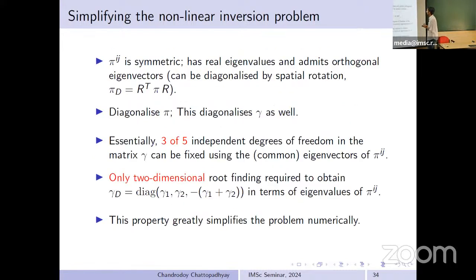Because pi ij by construction is symmetric, it has real eigenvalues and admits orthogonal eigenvectors. So we can do a rotation to the frame where pi ij is purely diagonal. This reduces solving this complicated 7-dimensional inversion problem to basically a 4-dimensional problem, which is a simplification, but we have not numerically solved it yet.